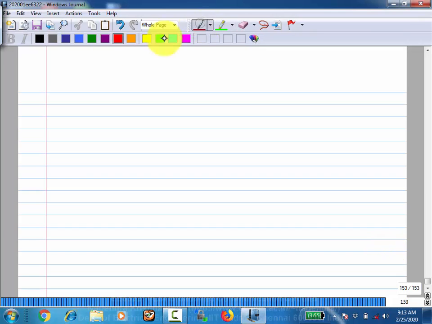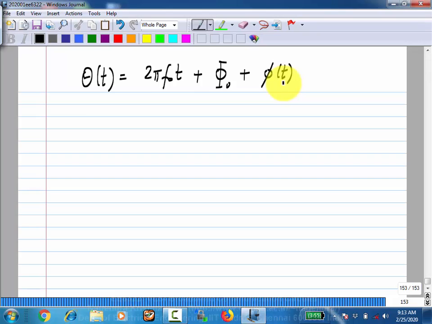So now how are these things related to each other? This theta of t, the total phase, is 2 pi f naught t plus some phi naught plus some phi of t in general, or omega naught t plus some phi naught plus phi of t.